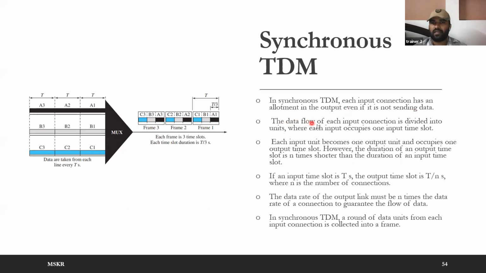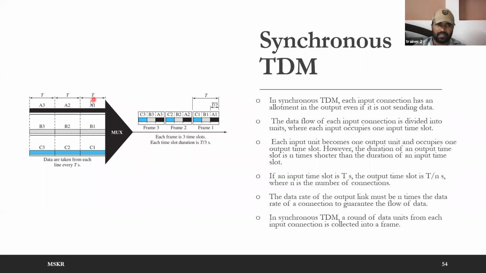The data flow of each input connection is divided into units, where each input unit occupies one input time slot. So this is one unit, this is the second unit, this is the third unit. Each input unit will occupy one slot of the output frame. If an input time slot is t seconds, the output time slot will be t by n seconds.